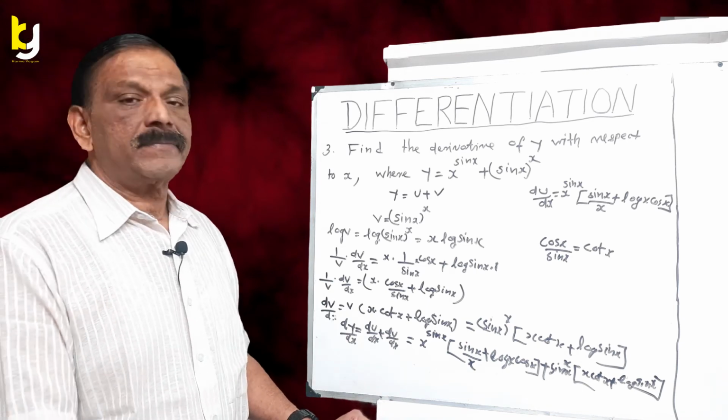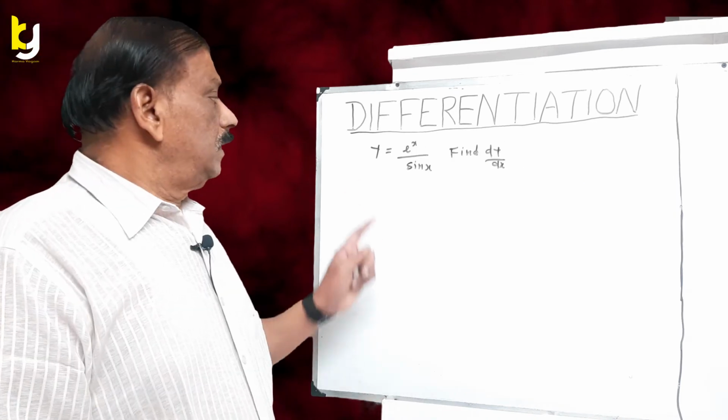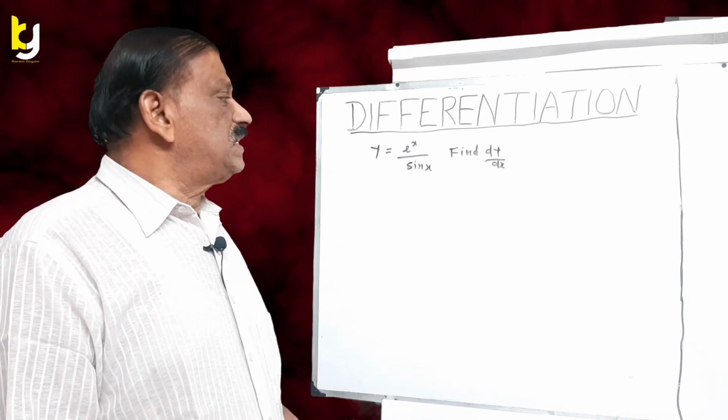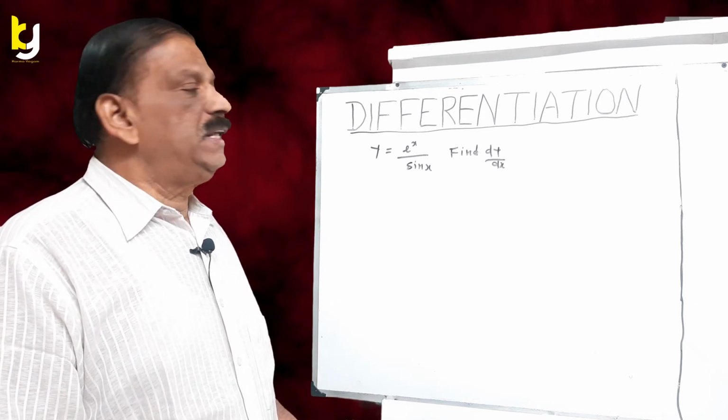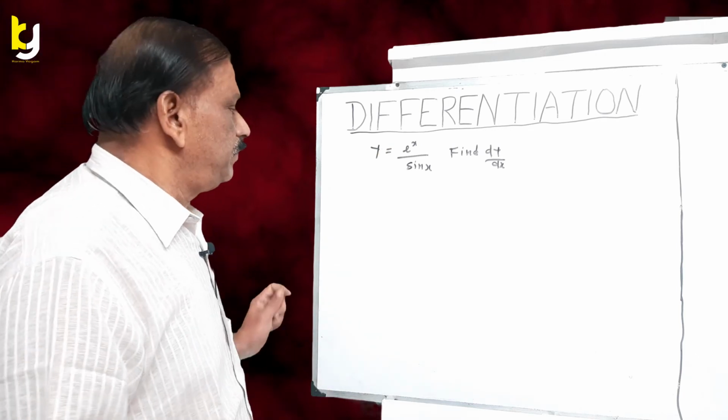Okay. Next question is, this question is y equal to e to the power of x divided by sin x. Find dy by dx. We know this is in the form of u by v.